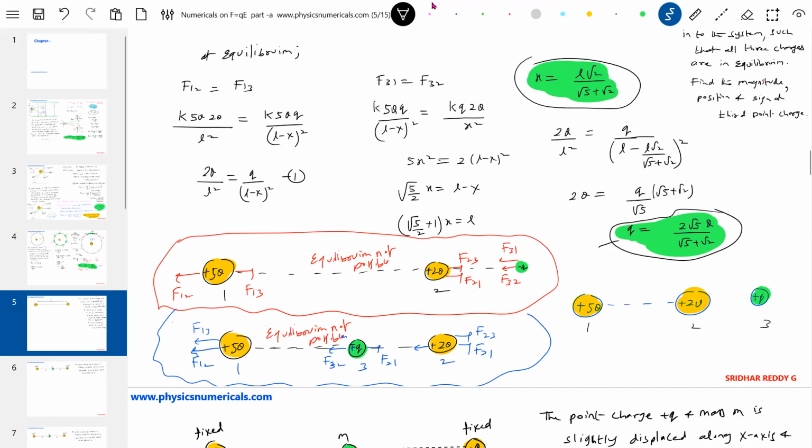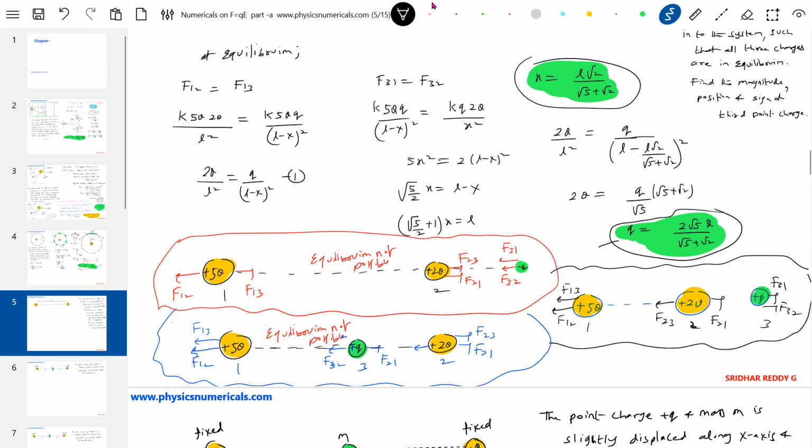The forces are F12, F13, F23, F21, F31, F32. I think it is not possible. Point charge 2 can be in equilibrium, but what about this one? Equilibrium is not possible. So this is also not possible.